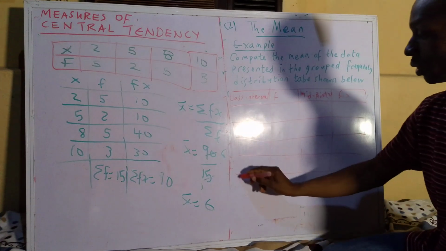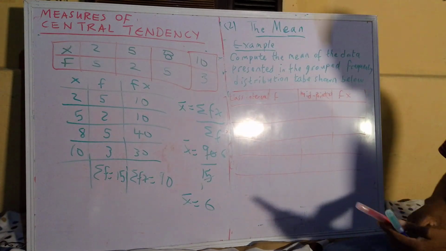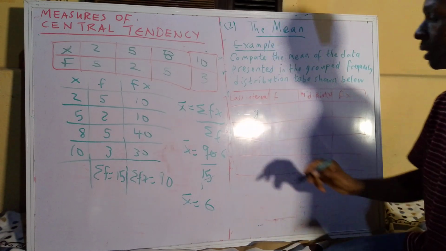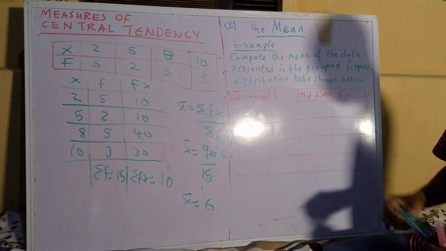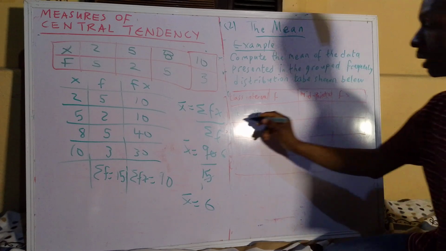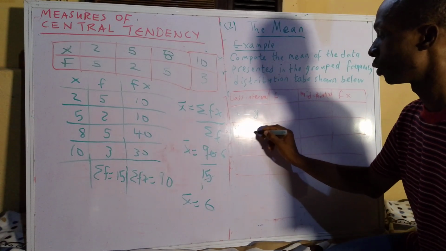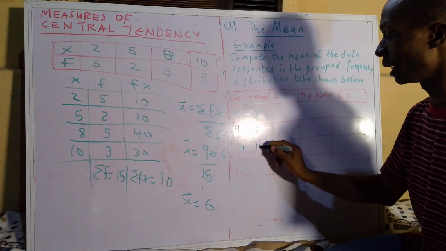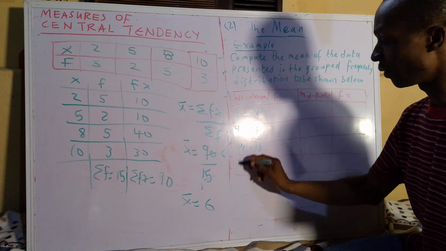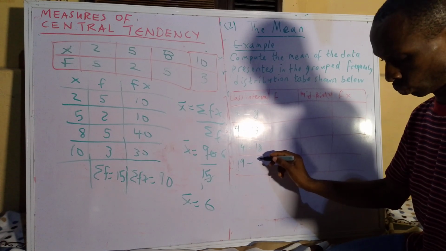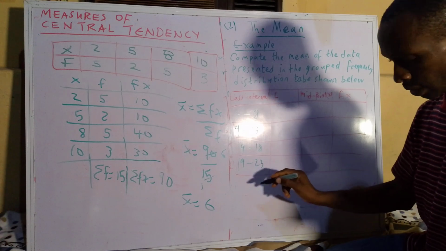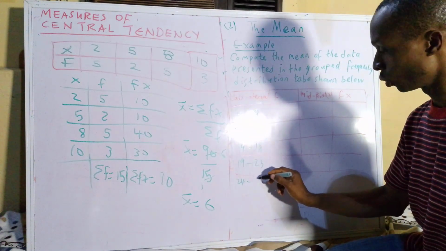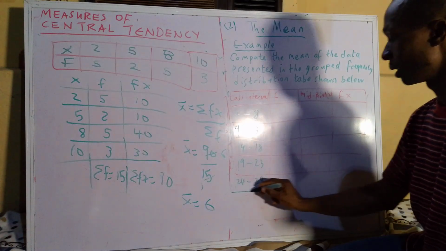Okay, so we have 4 to 8. We have 9 to 13. We have 14 to 18. We have 19 to 23. We have 24 to 28.